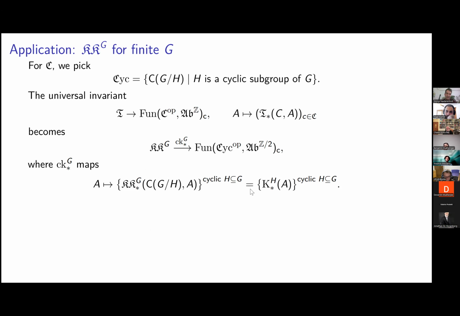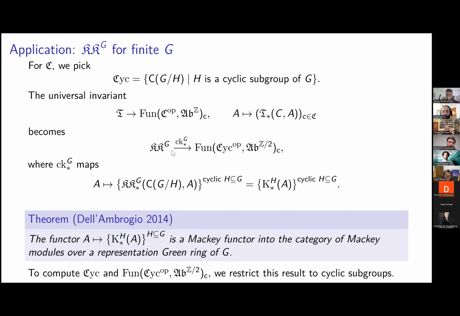This is basically H-equivariant K theory of A for all cyclic subgroups. So this is rather remarkable: for the universal invariant, if you have actions of a finite group G, it only involves cyclic subgroups of G in KK^H of A, and you do not really need to do any matrix actions and so on.